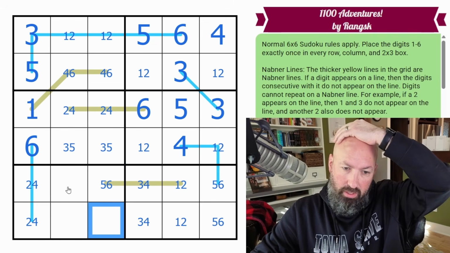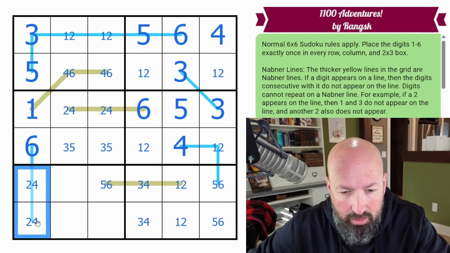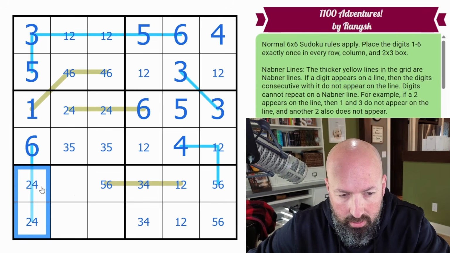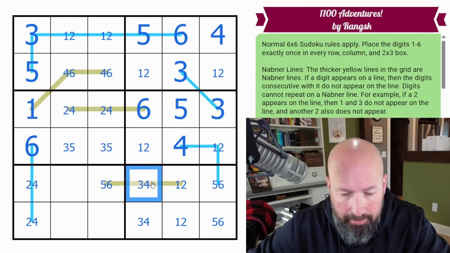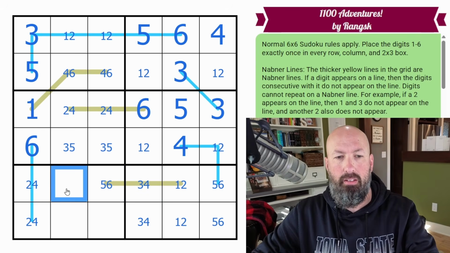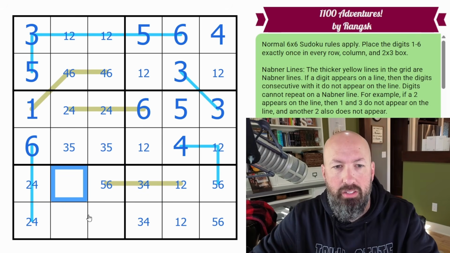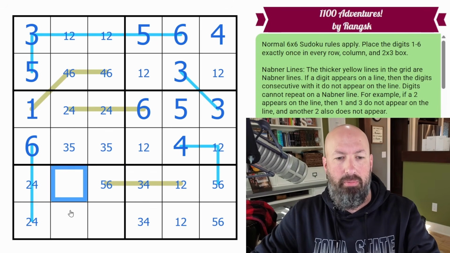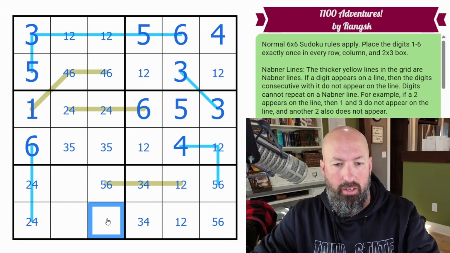What do we need to do to finish this off? It's something with the 2, 4. Over here, right? Oh, I'm so close to the end. What am I missing? I'm missing something obvious, I'm sure. Something obvious. Rangsk would never do that.